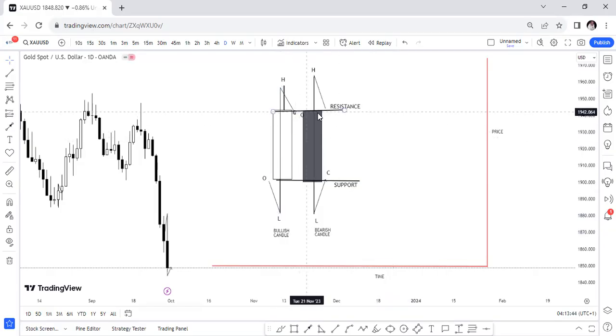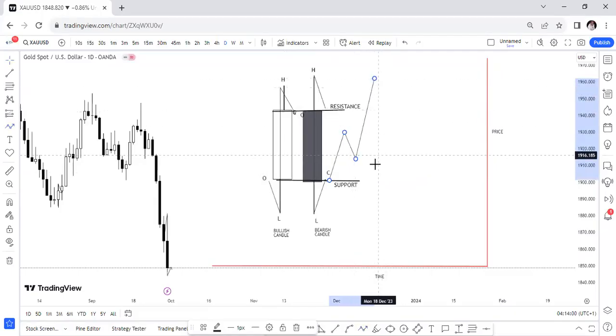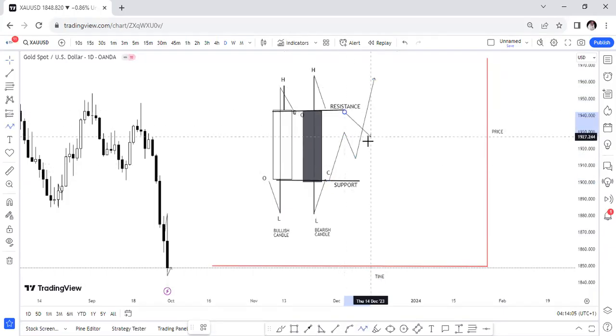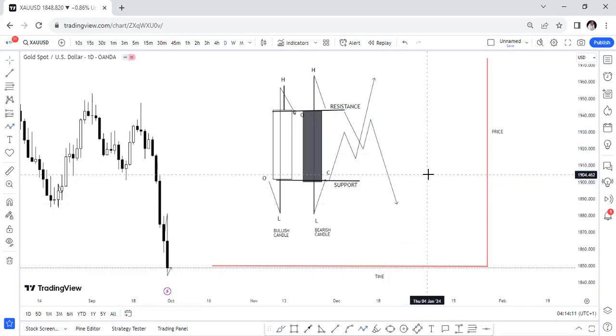So this place becomes the resistance, and here becomes the support level of the market. So it now creates two boundaries. When price closes here, anything from here above represents the buying market. But anything from this place coming down to take out the support level represents the selling market.